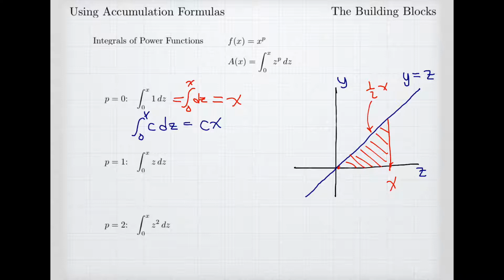Now because y equals z, the height at that edge is also x, so it's 1/2 x squared. So by geometric ideas, this integral has a value of 1/2 times my endpoint squared. So wherever I end my integral, I square that endpoint and multiply by 1/2.